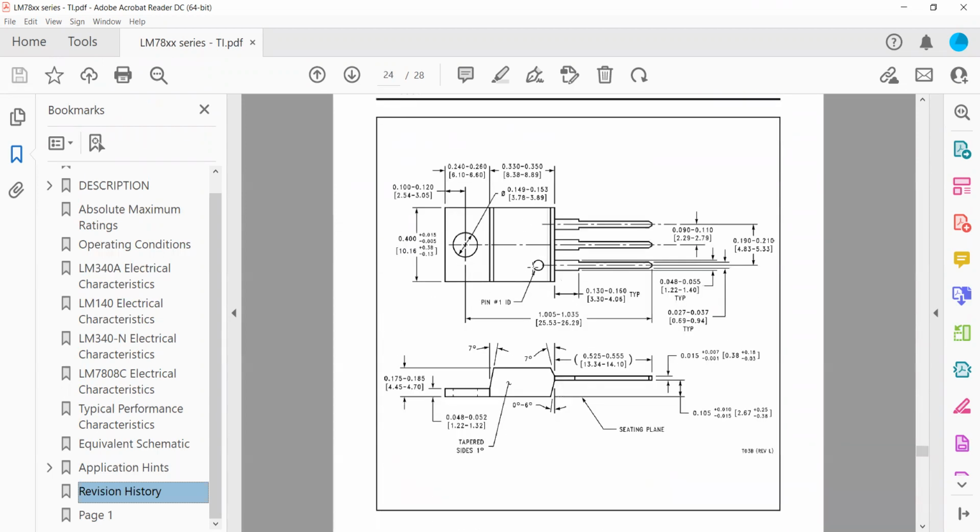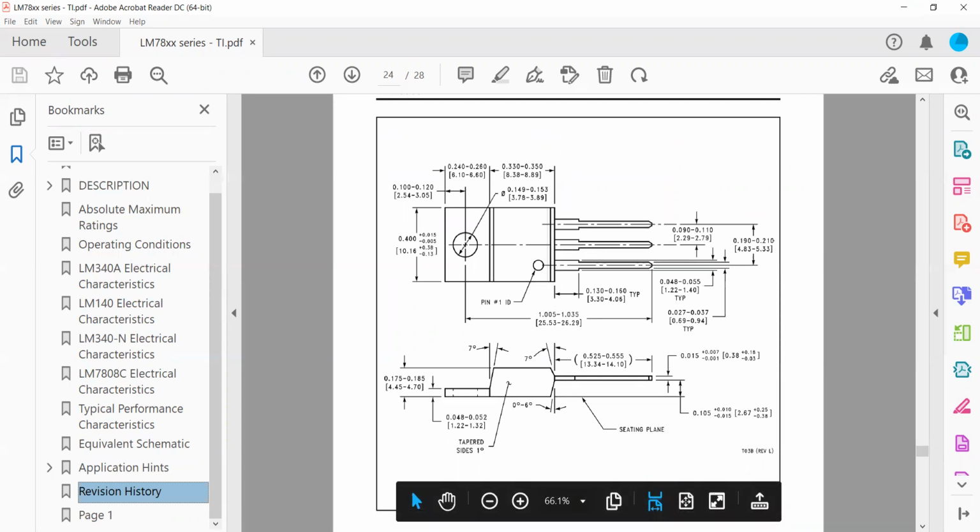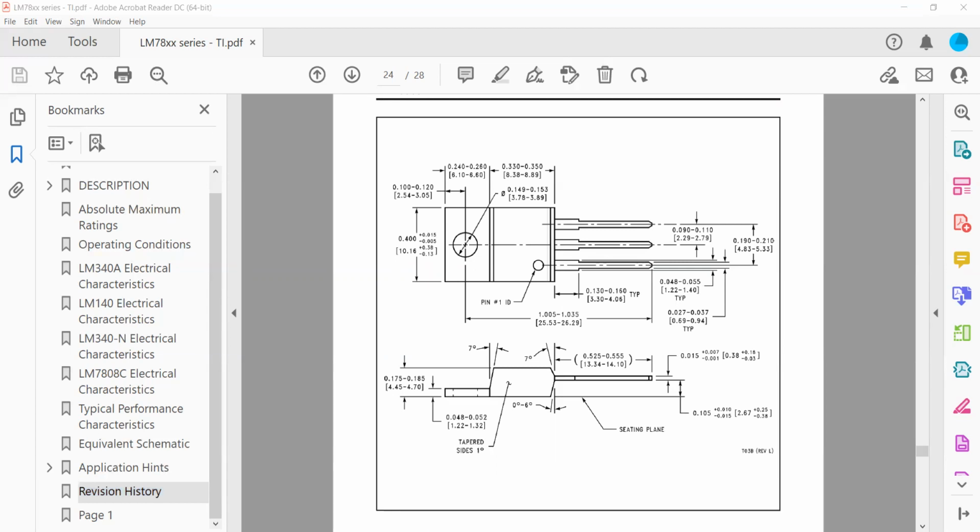Okay, this is what ICs look like. We'll check the internet for an image of a 7805 voltage regulator. Okay, then share.